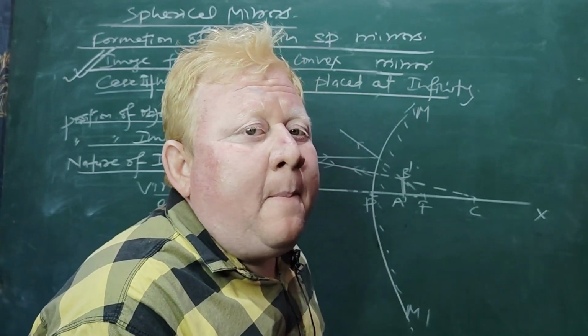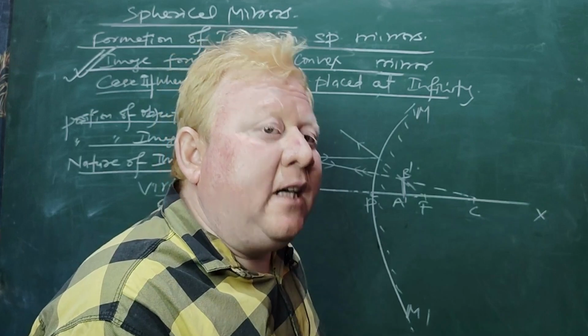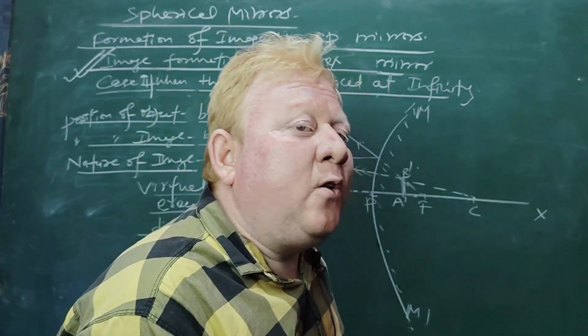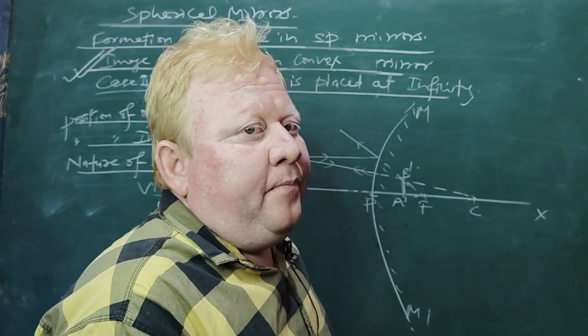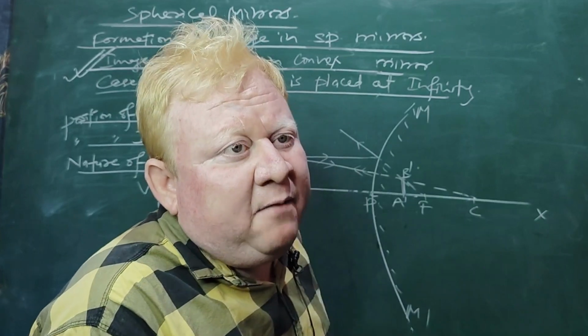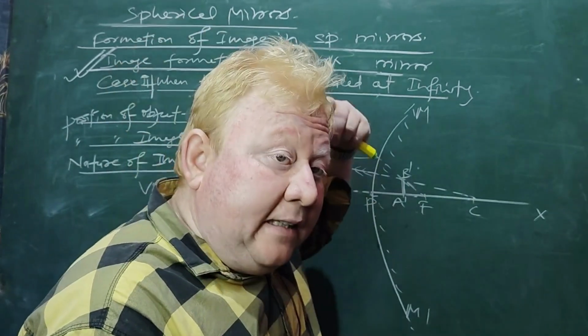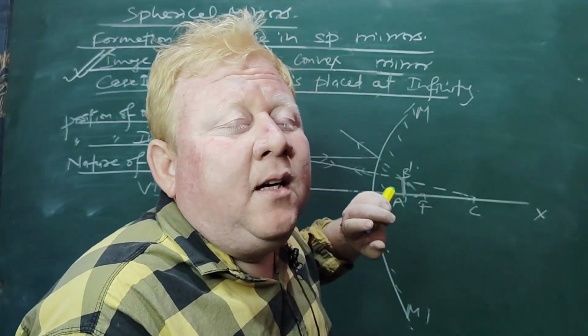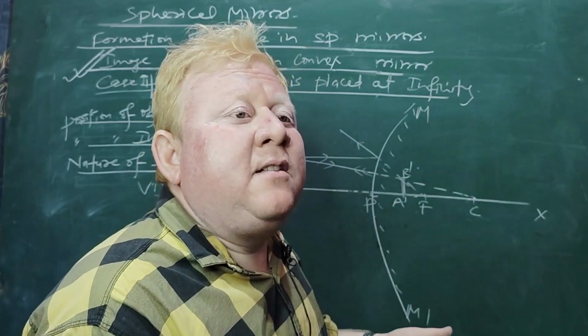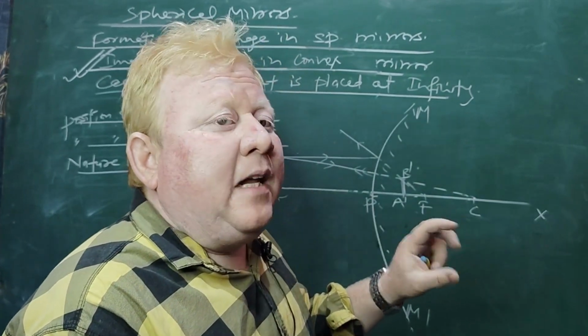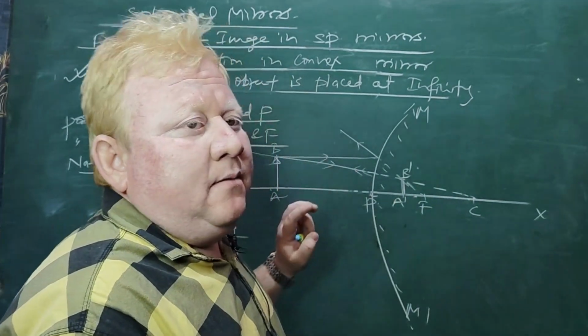Same size real, go for concave. Same size virtual, go for plane. And bigger, magnified virtual, in that case also go for concave. And diminished, smaller size and virtual, go for convex. Clear?